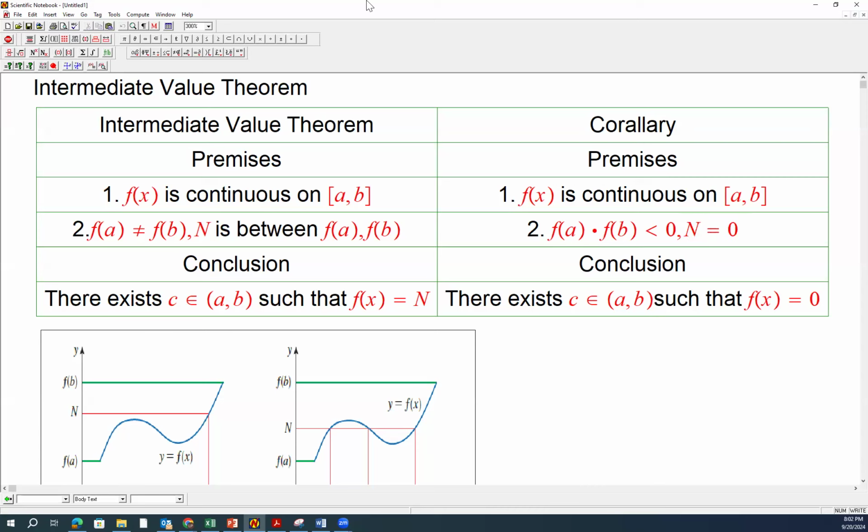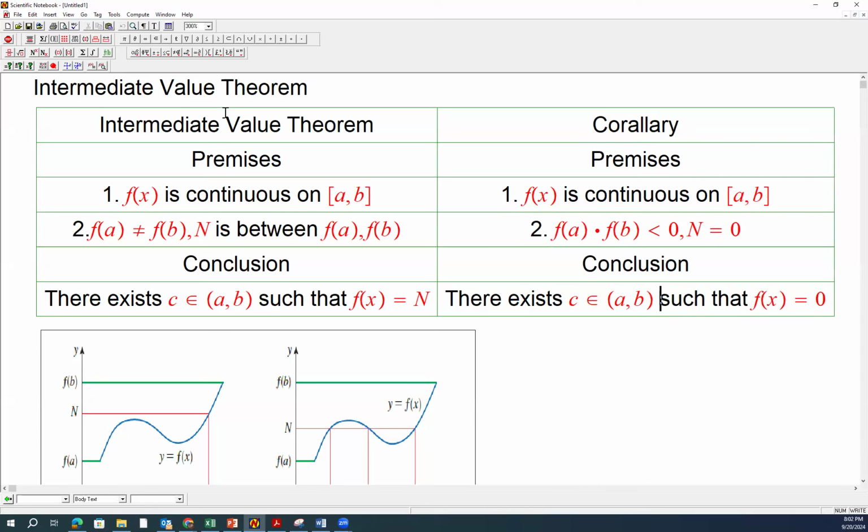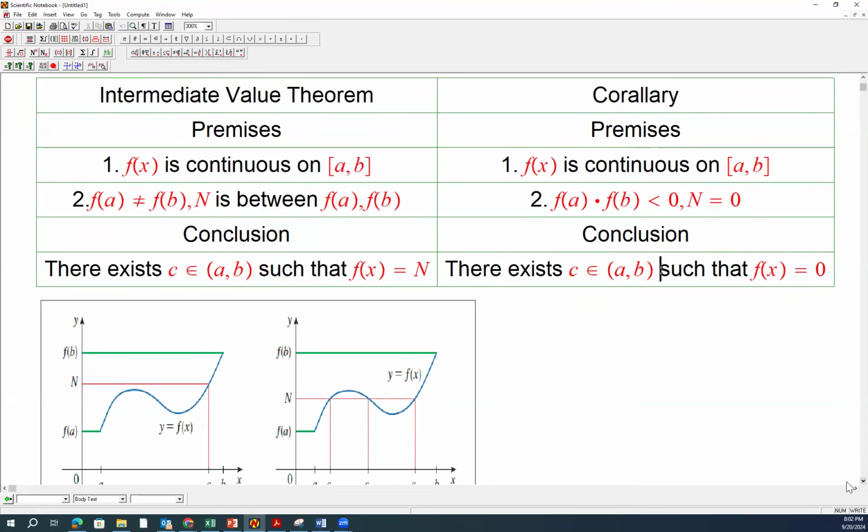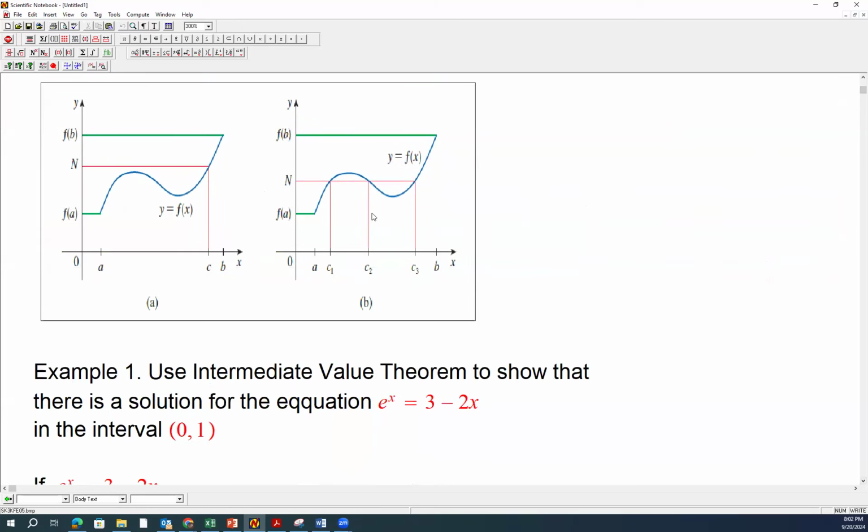Okay, so I'm going to use the following examples. I prepared some examples I'm going to show you. In the graph, as you have seen, f of a and f of b are different in value, and capital N is one of the numbers between f of a and f of b.